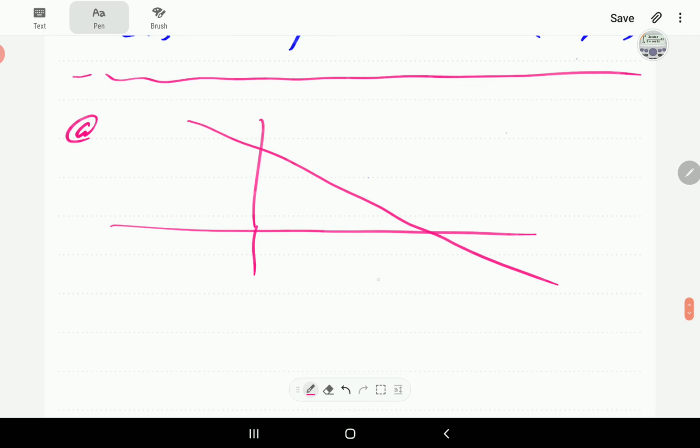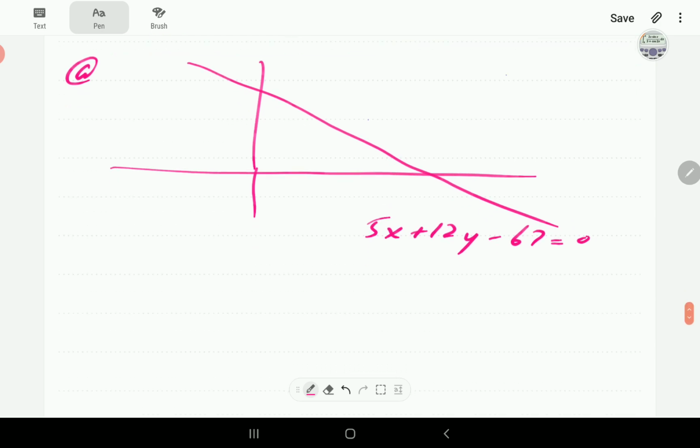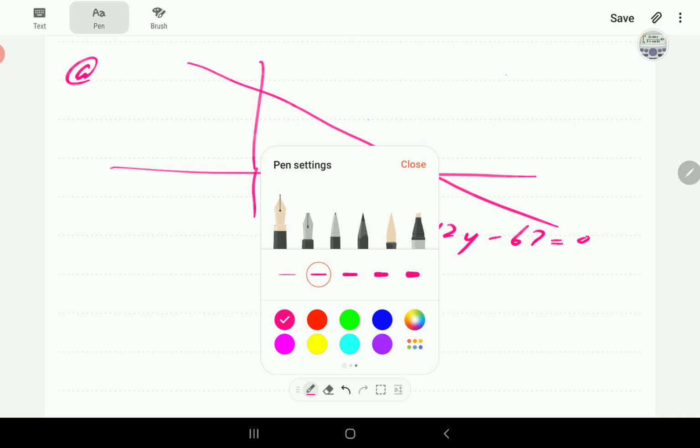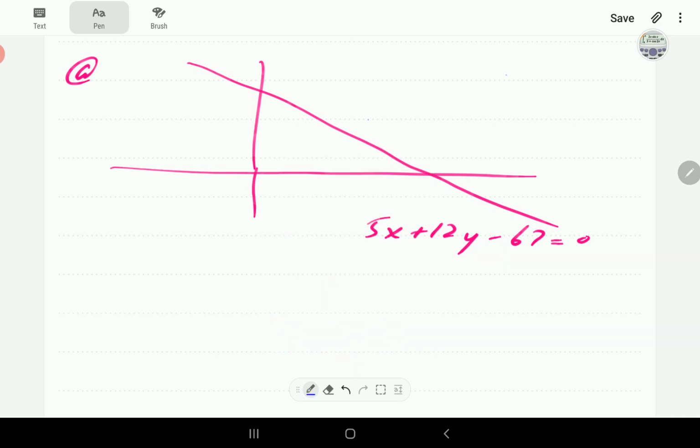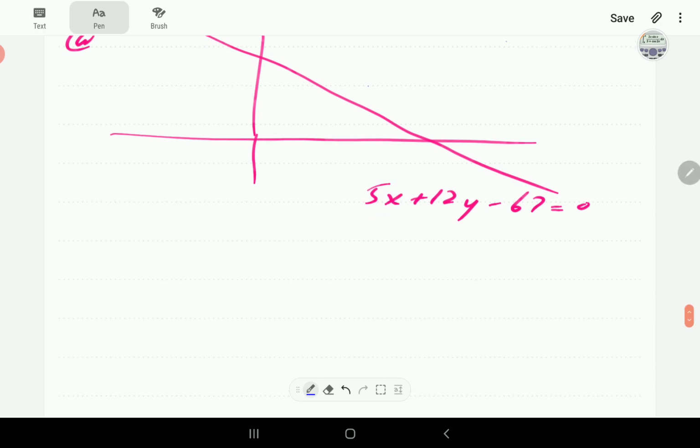So the equation is 5x plus 12y minus 67 is equal to 0. So any point on the straight line, if we plug in say x is 1 here, then this thing is 5 plus 12y is equal to 67.